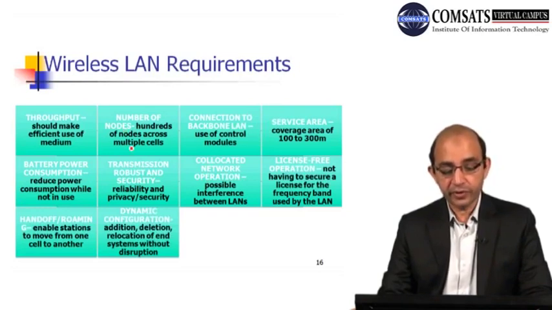We can also have a large number of nodes, and then of course we need a backbone in order to provide higher data rates, and in order to control different cells, different modules. And then we also should plan the access area, the service area, the coverage area.